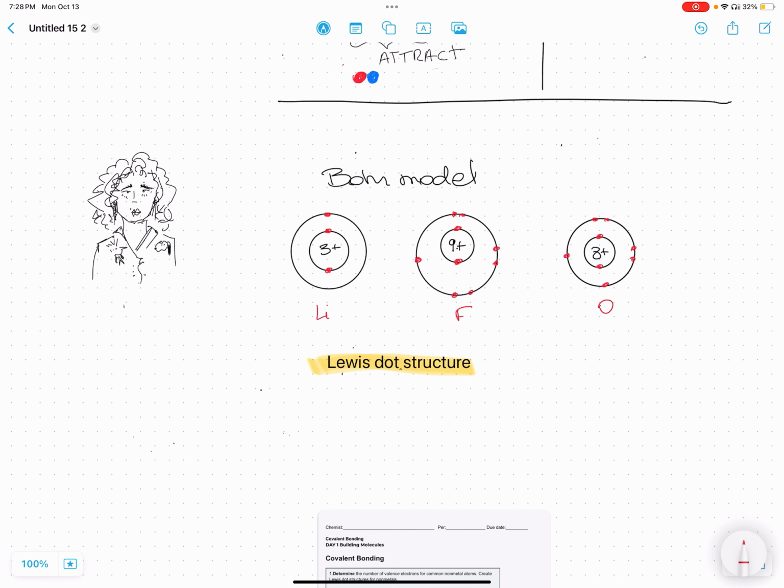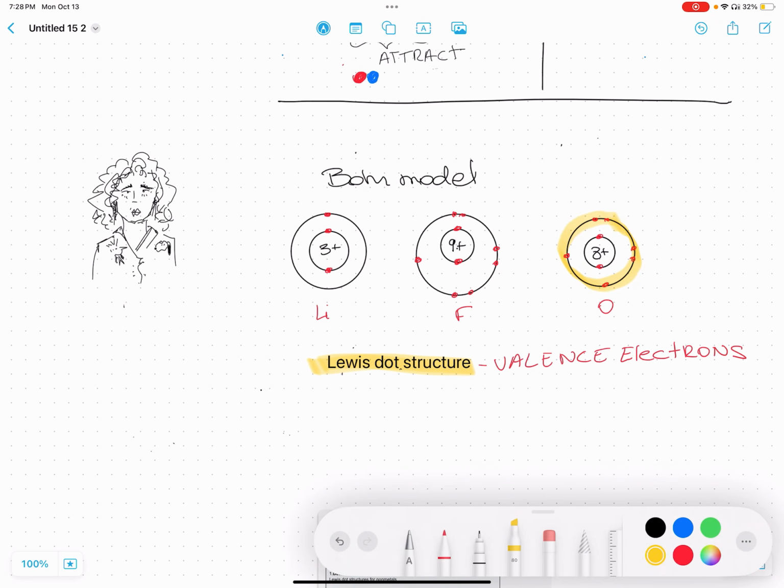A Lewis dot structure is nothing more than an abbreviation of a Bohr model. The Lewis dot only focuses on valence electrons, in other words, only the outer electrons.